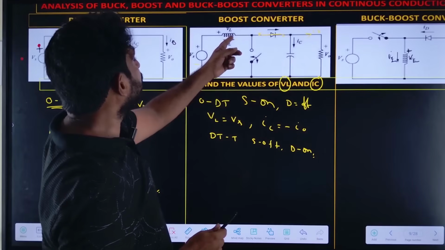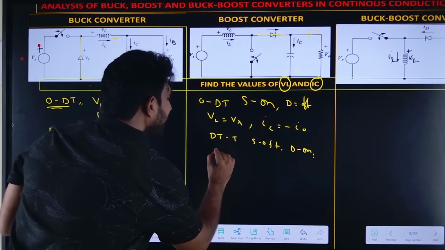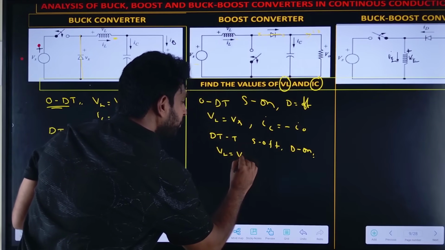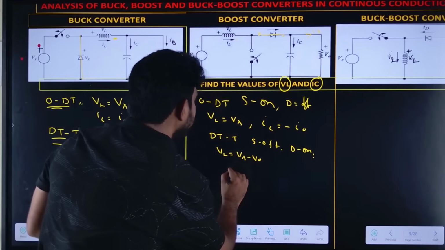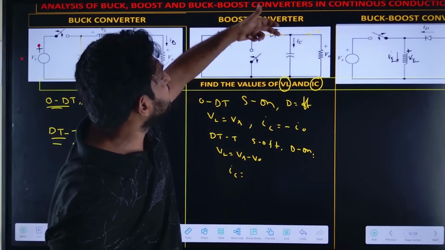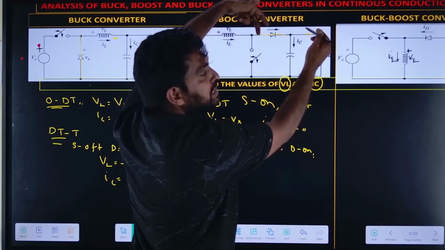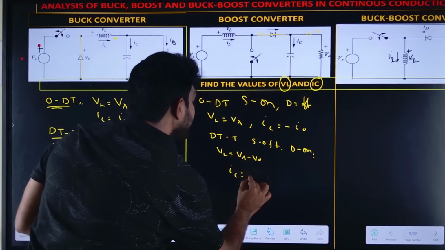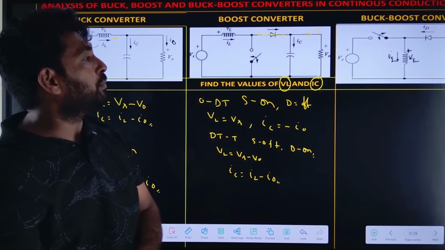VL equal to Vs minus V naught. And what is the IC value? In this circuit, this one is IC. So IC equal to IL minus I naught.